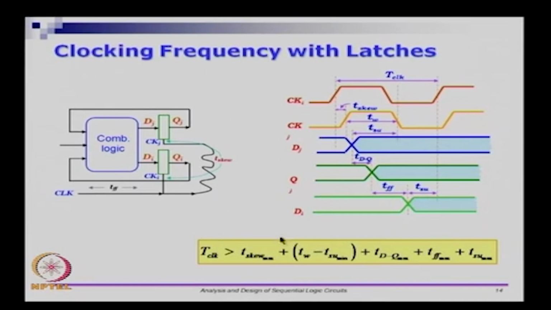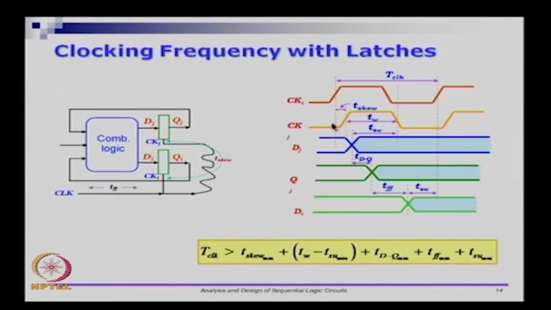So let us just look at all the parameters and then we will go and look at minimums and maximums. So from Cky to Ckj there is TSQ plus TW width minus TSU plus DQ plus TFF plus TSU. So you will see all the parameters appearing here, right.